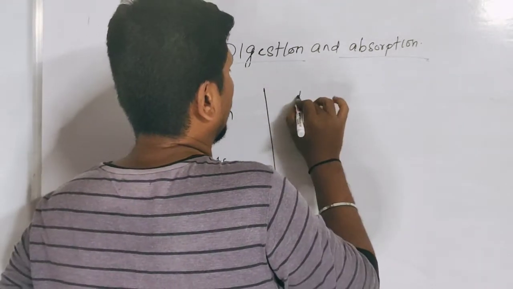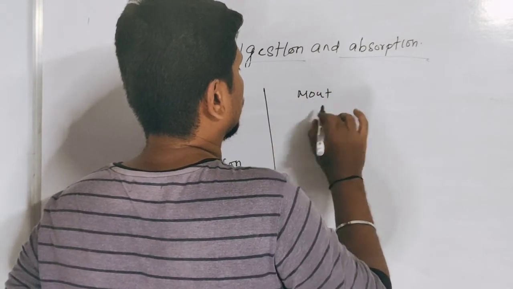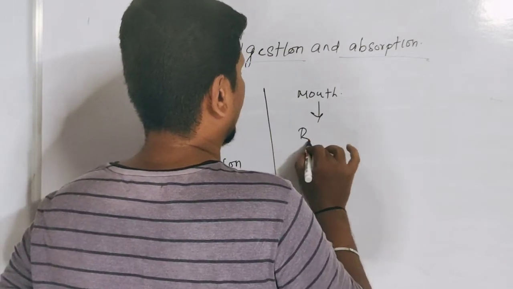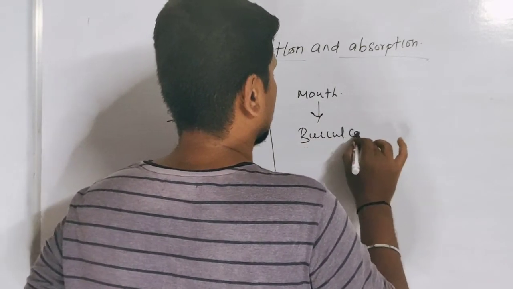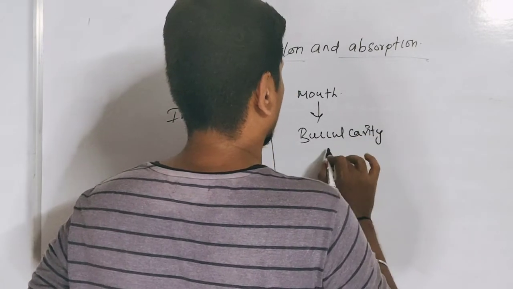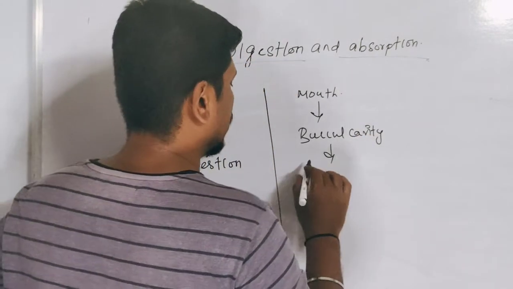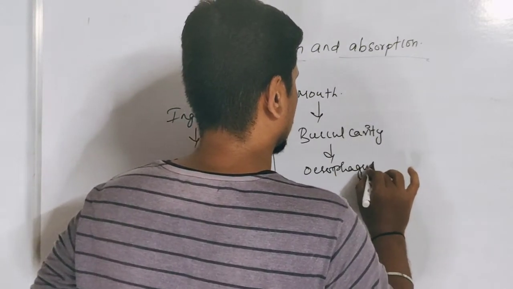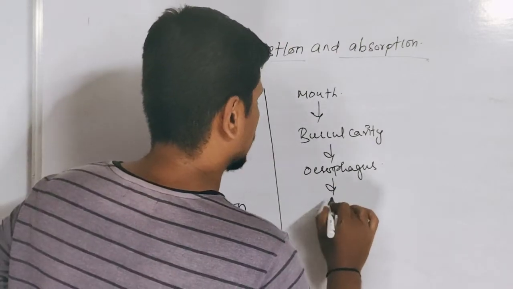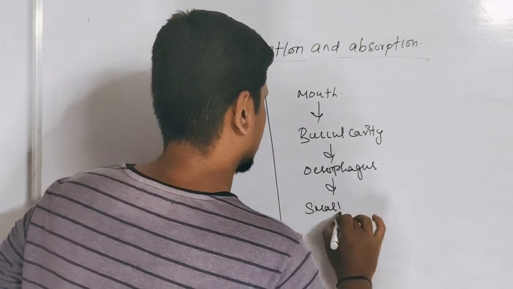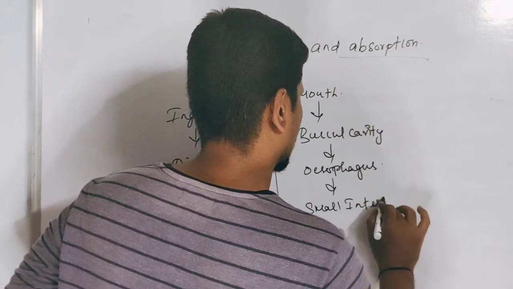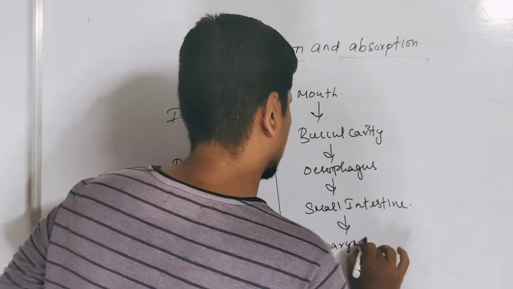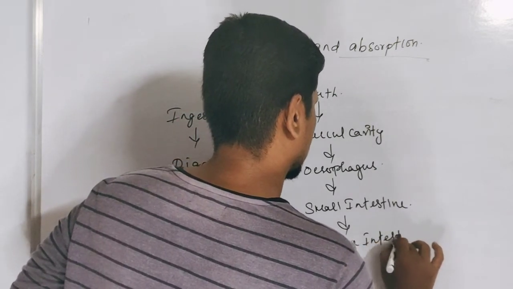Mouth leads to buccal cavity, then buccal cavity leads to esophagus, then small intestine, then finally large intestine.